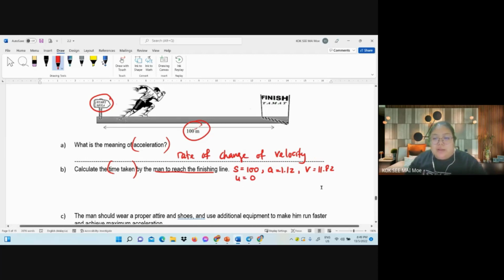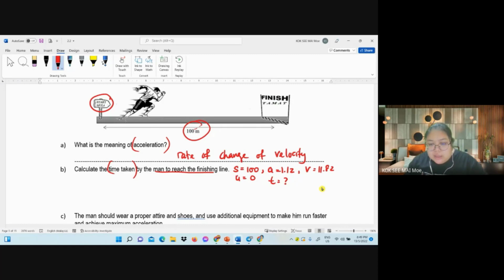The question never mentions u. They want you to calculate the time. We don't have the displacement... we got so many info already.